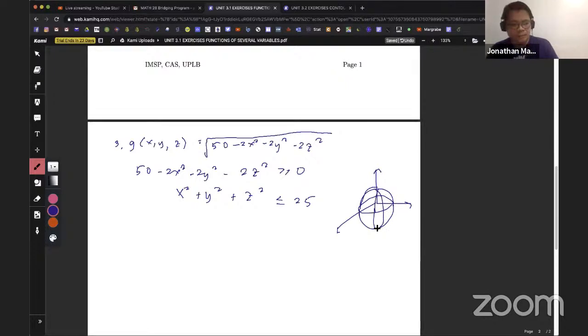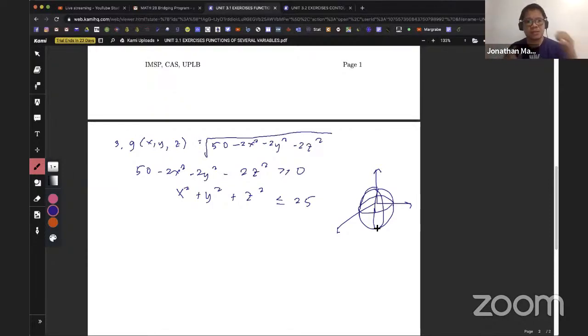So this is a sphere. Take note that this sphere actually separates our 3D space into two regions. The first region is the points inside the sphere. The second region is the points outside the sphere.